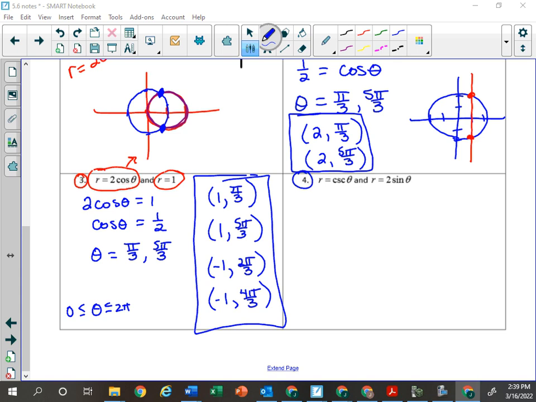Sine of pi over 4 is root 2 over 2, so it's positive root 2 for this, positive root 2 for this, with negative root 2 for this. You have to substitute. That helps you see all 4 of them. They're all going to be root 2, but to find whether they're positive or negative, you can either think it through or just substitute.